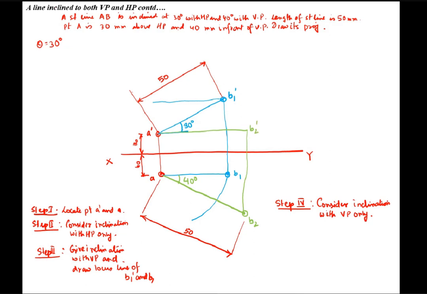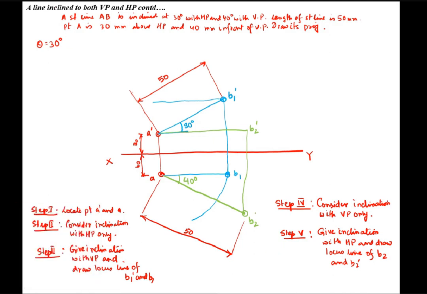Now what will be my step 5? Give inclination with HP and draw locus line of B2 and B2 dash.